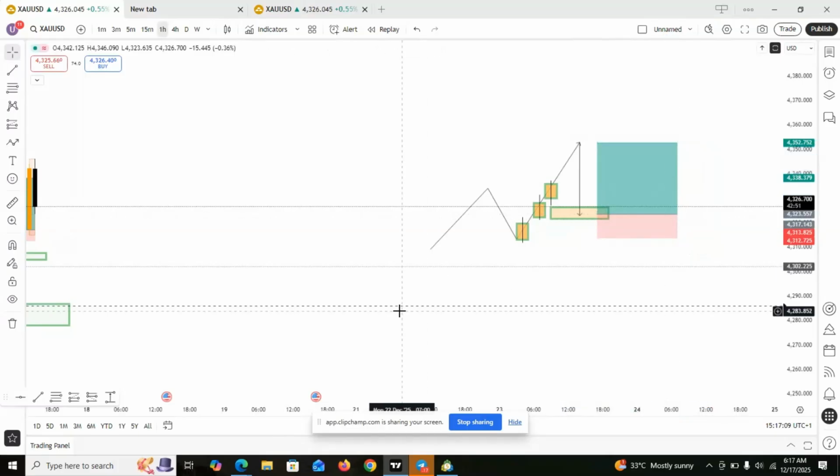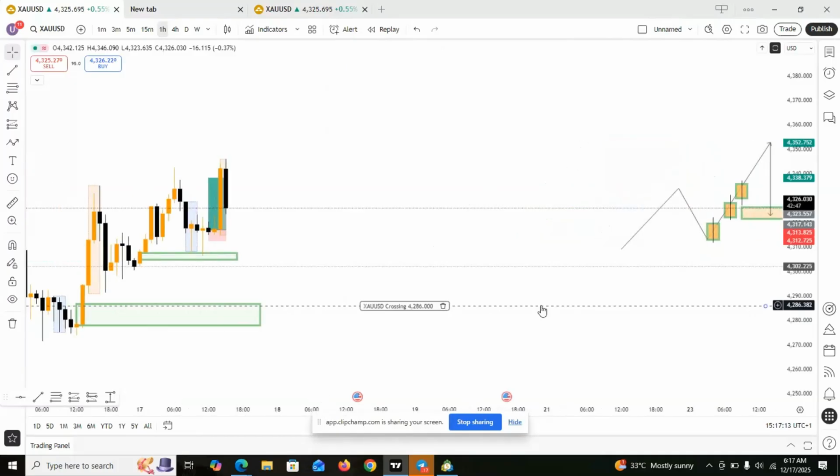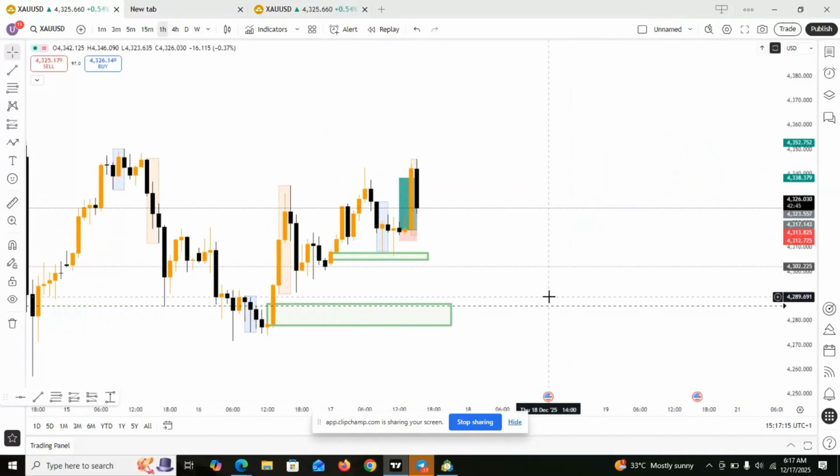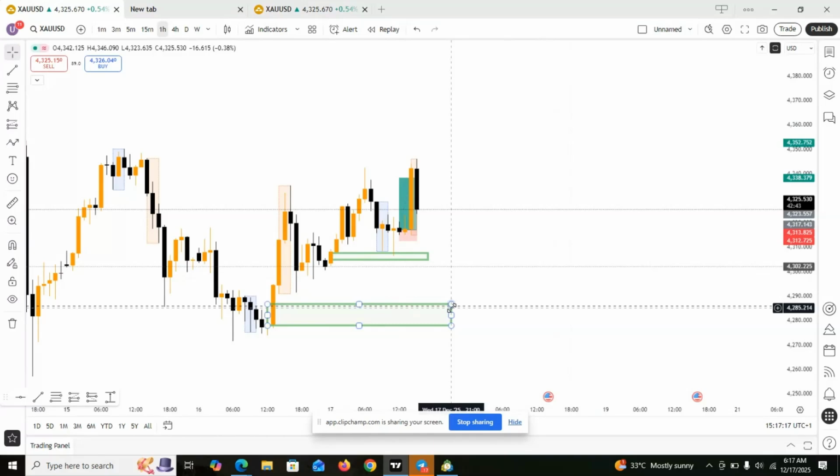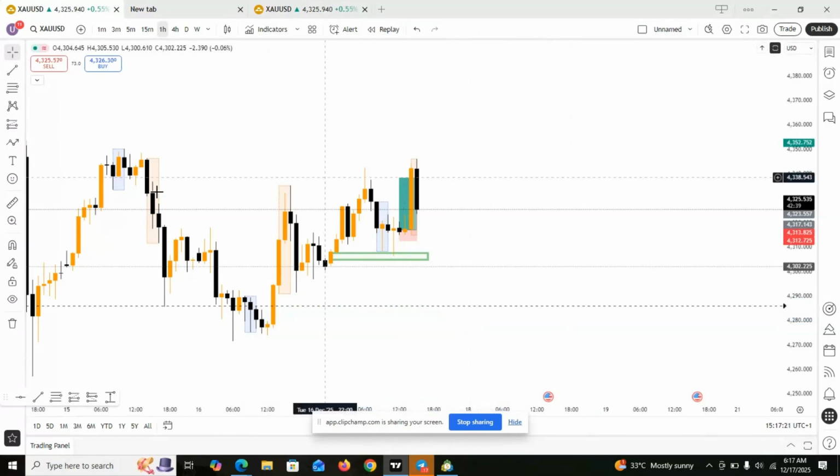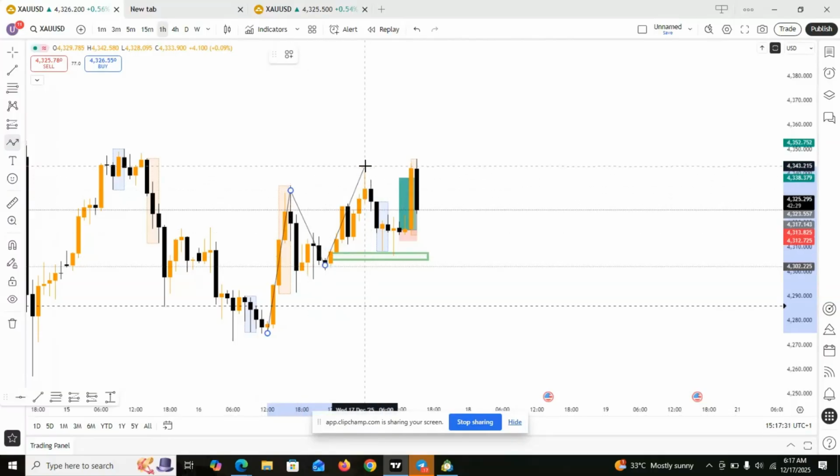So let's go to the charts. Let me show you the trade I took this afternoon. All right, so this is gold and we are on the 1 hour time frame. Price created this structure, came back again and moved up.